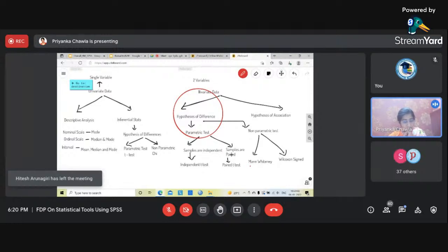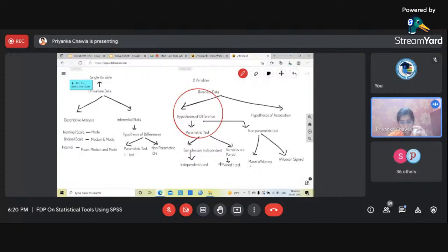Paired t-test means interval scale. It is a case of before and after, pre and post. Paired means a test is taken before imparting knowledge and again by the students after imparting knowledge, right?